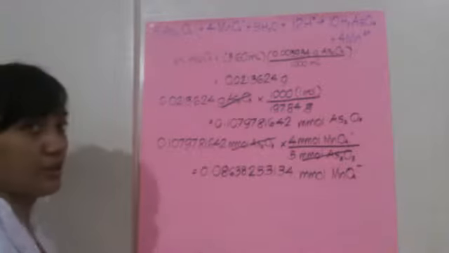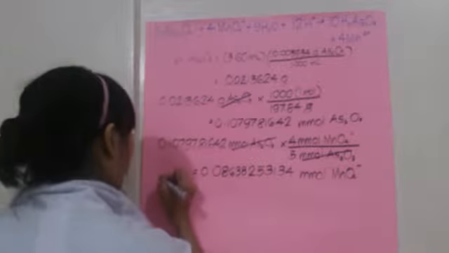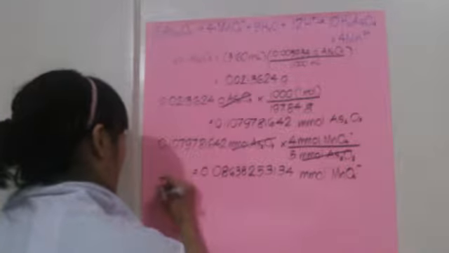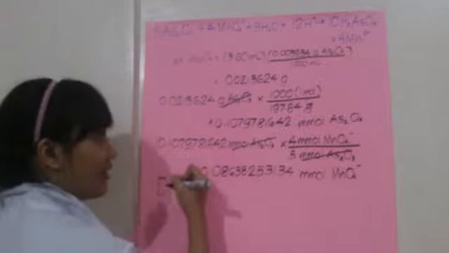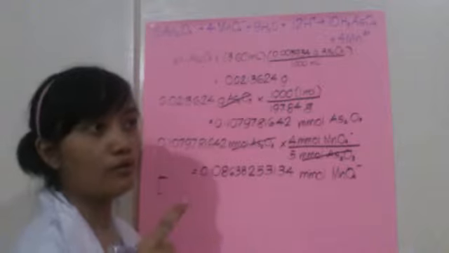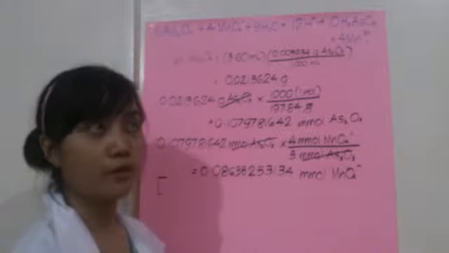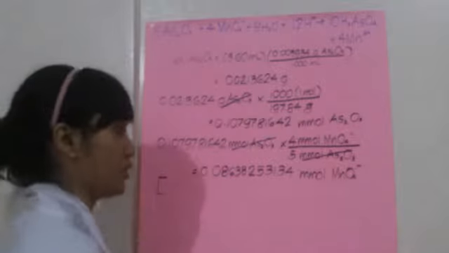Then, since you have the millimole of MnO4, the concentration of KMnO4 would be the same as the concentration of MnO4 since they have 1:1 ratio.